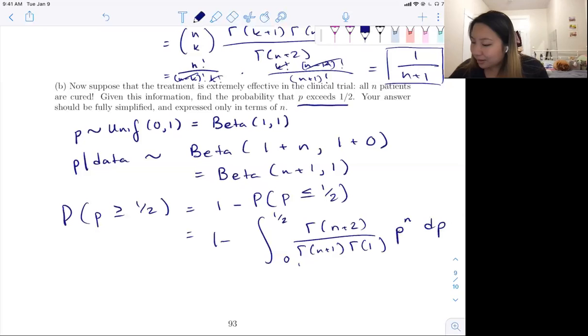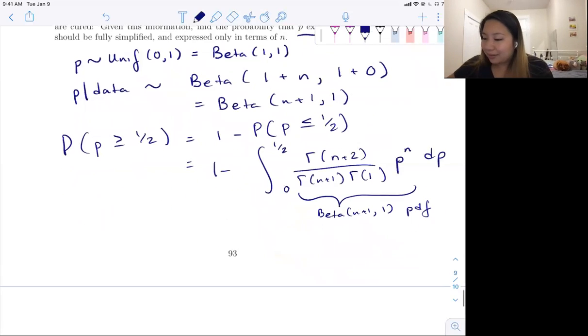So this is the beta n plus 1 PDF, which you can just look up on your table of distributions, and we're integrating because it's a CDF.